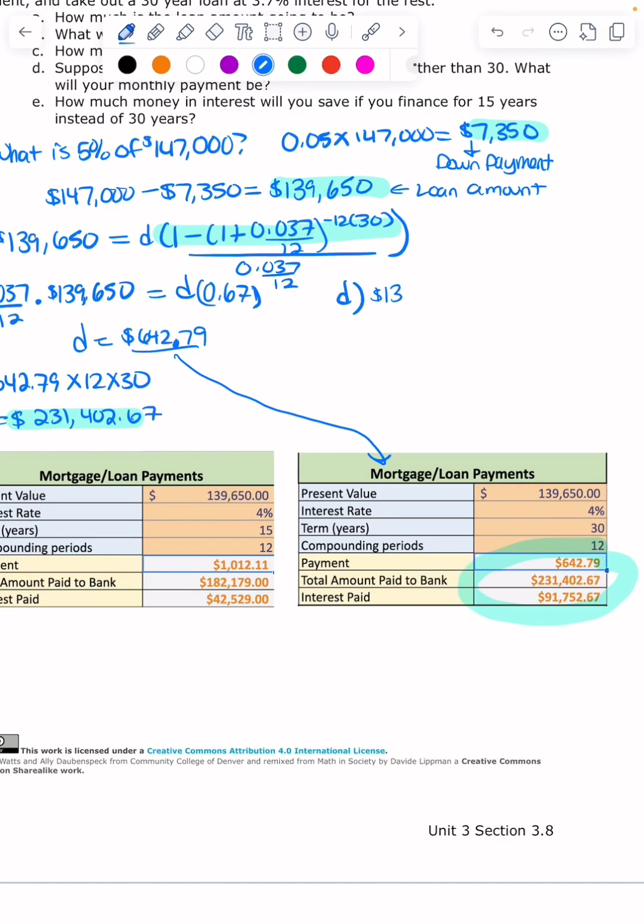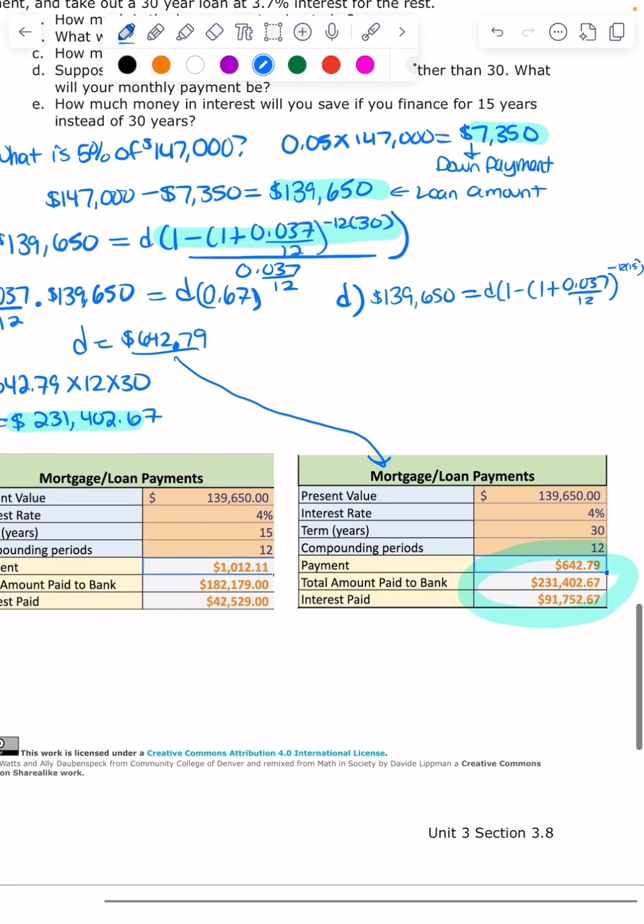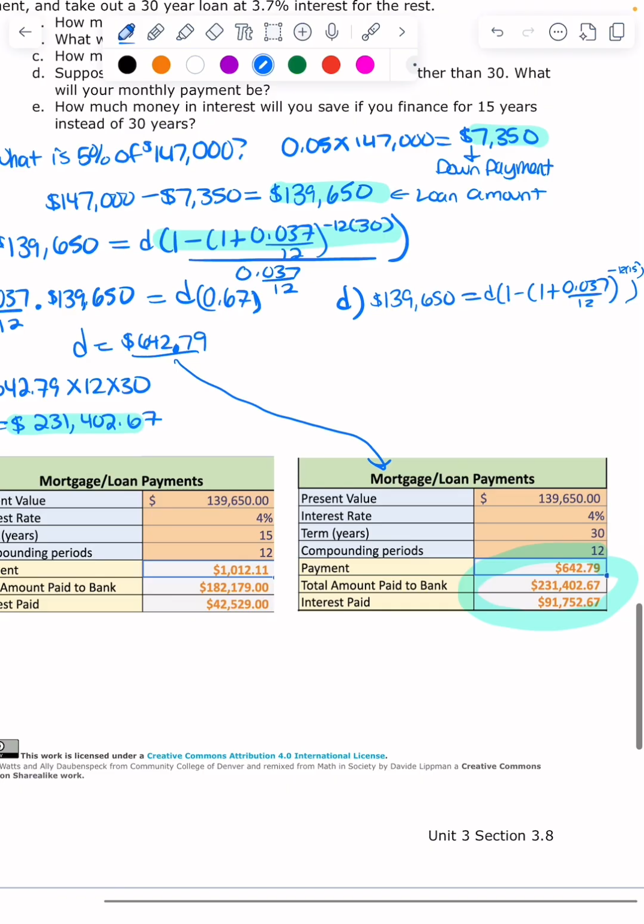So 139,650 equals D times parenthesis 1 minus parenthesis 1 plus 0.037 over 12 to the negative 12 times 15. So the 15 is the only thing that changes. Close parenthesis, all of that over 0.037 over 12.